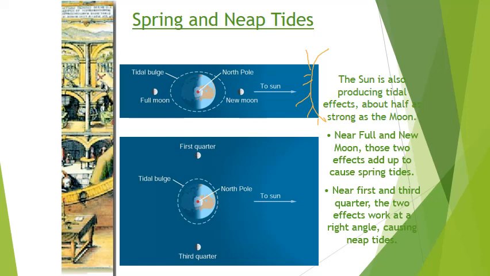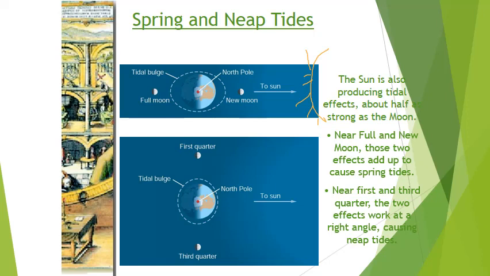The sun is going to be doing the same thing. This bulge, because of the cumulative pull of the moon and sun, winds up being larger than normal. And therefore, you have what's called a spring tide. The high tides are higher than average, and the low tides are lower than average. And that's true in both the new moon case as well as the full moon case.